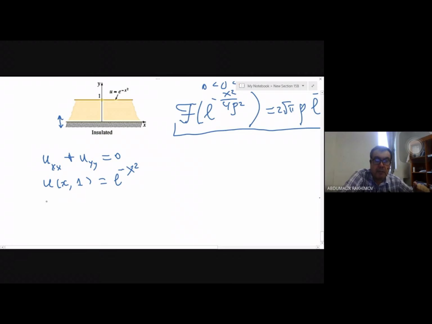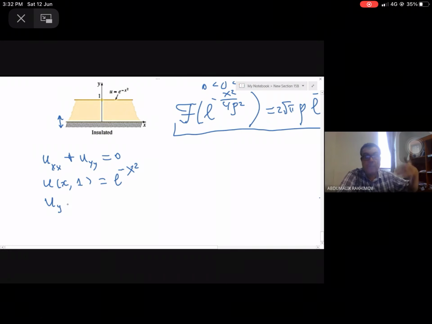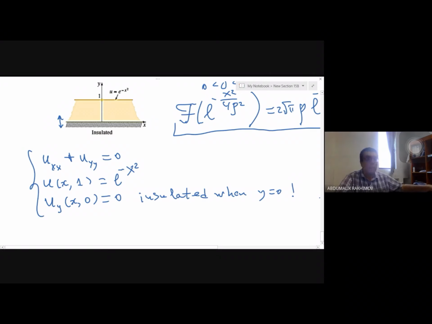So we express this as: no change of function means the derivative is 0, u_y(x,0) is equal to 0. Okay, so this is the problem. Now I have a mathematical model of the problem.